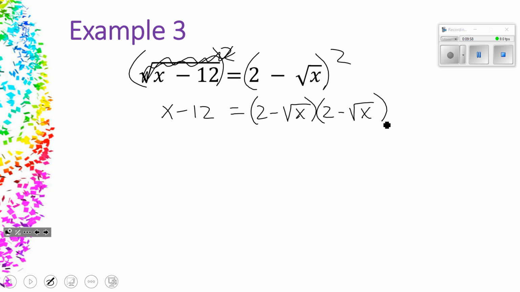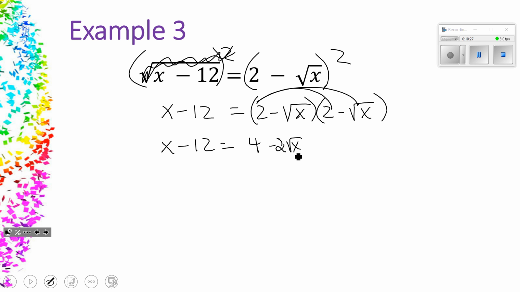And so this is good review for us, dealing with radicals, so we're going to have to FOIL this. So, x minus 12. 2 times 2 is 4. 2 times negative square root of x, now outside, outside, inside, inside. Positive 2 times negative square root of x is negative 2 times the square root of x.